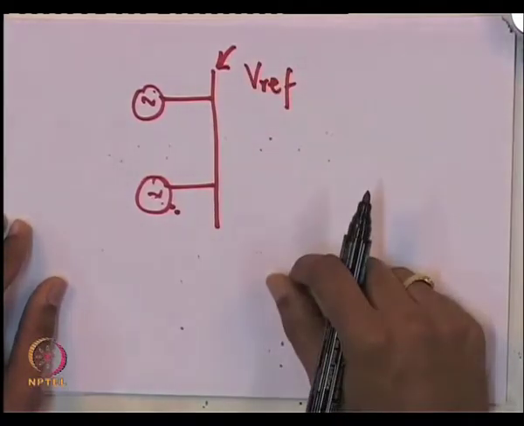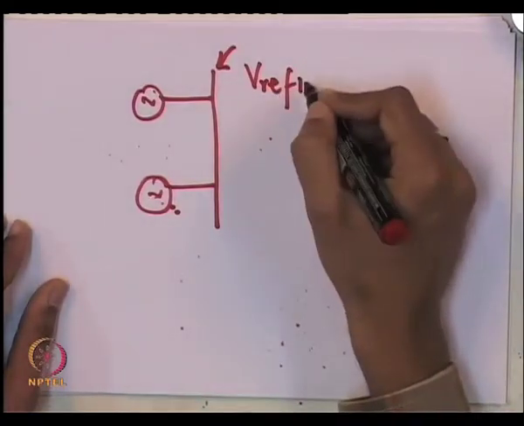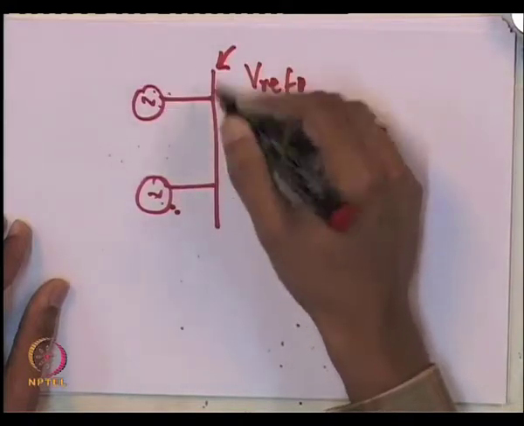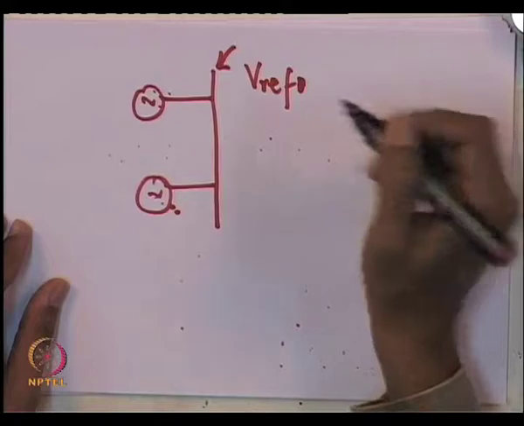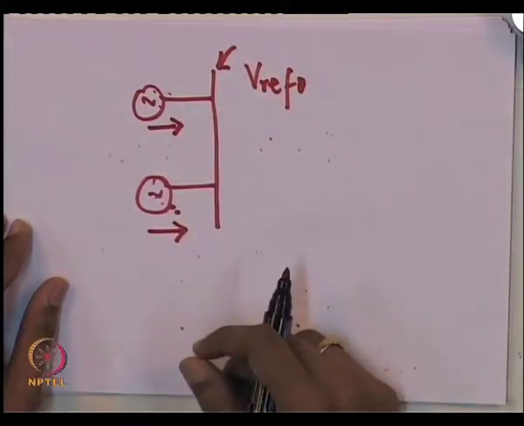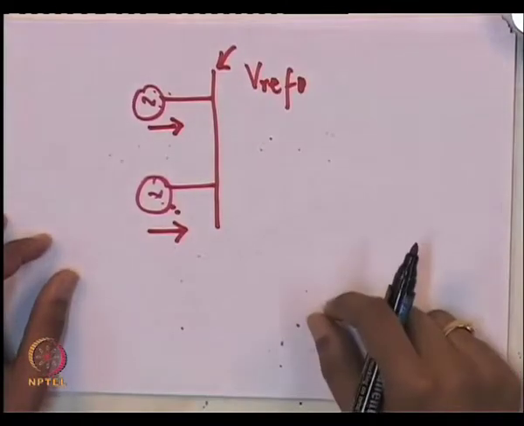Now, what will happen is that in case both these machines are trying to maintain the voltage here at Vref, the question arises is how much each individual machine contributes to keeping this voltage at Vref.